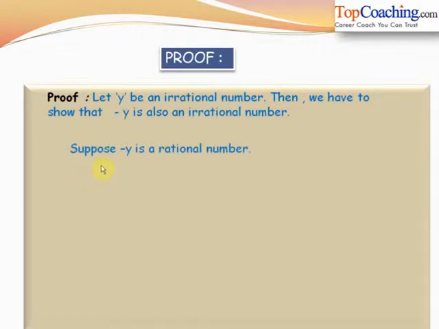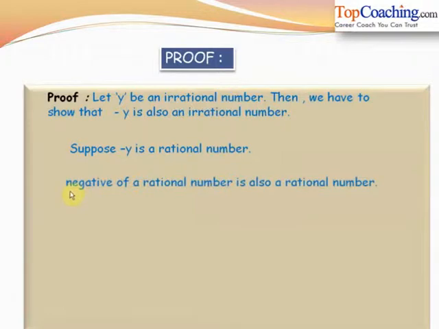So, let us suppose that minus y is a rational number. Now, we also know that the negative of a rational number is also a rational number. So, from this, what we get is, as minus y is a rational number, this is a supposition we have taken, minus of minus y should also be a rational number.